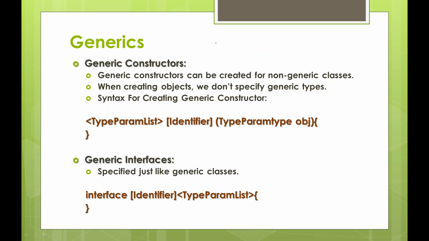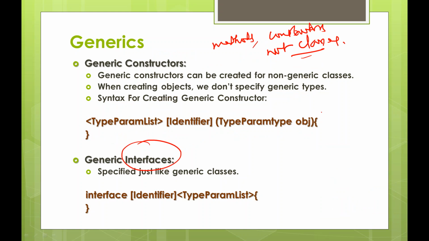Okay, so not only methods, not only constructors, not only classes, you can have generic interfaces also. So we have specified the type parameter list before using them inside the method or constructor.